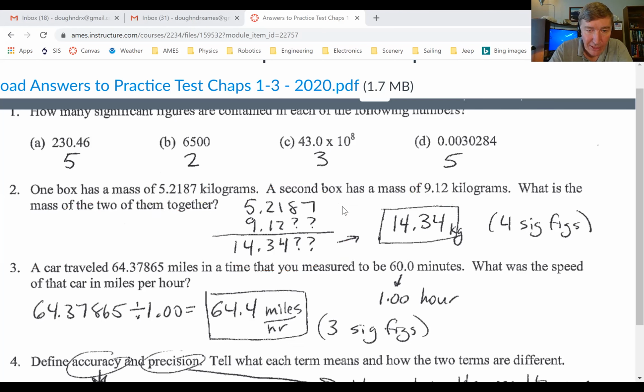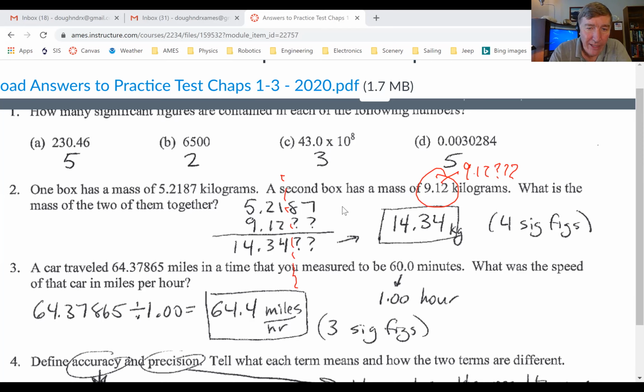What you need to do is take the numbers and line them up so that the decimal points are directly above each other. Then you write the numbers out, and you'll notice that 9.12 is really 9.12 question mark, question mark, question mark. So I put a dotted line wherever the question marks begin.